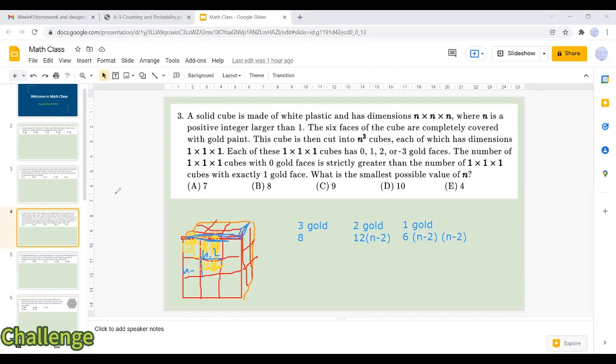And we know the side length is n minus 2 times n minus 2 times n minus 2, or just n minus 2 cubed.